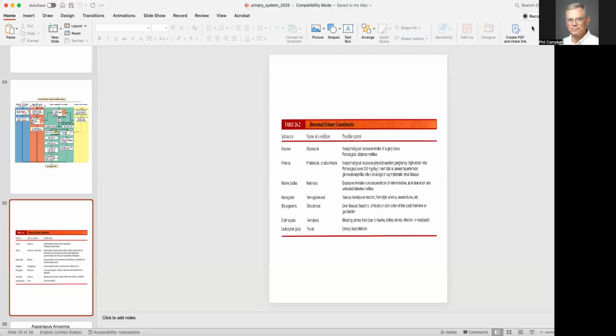Okay. Next, we have bile pigments. Now, bile pigments, normally we don't have them, but that can lead to there's some dysfunction in the liver or gallbladder. We can drop on down. What about erythrocytes? If I have red blood cells, that denotes some connection to blood.